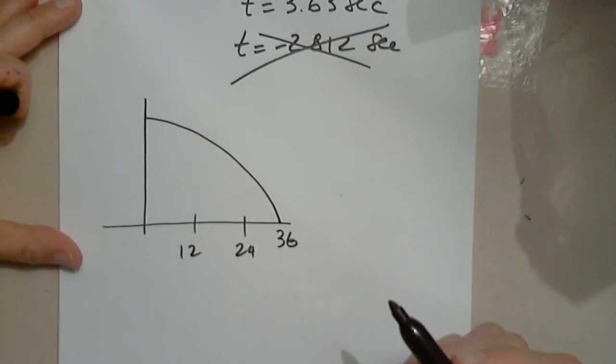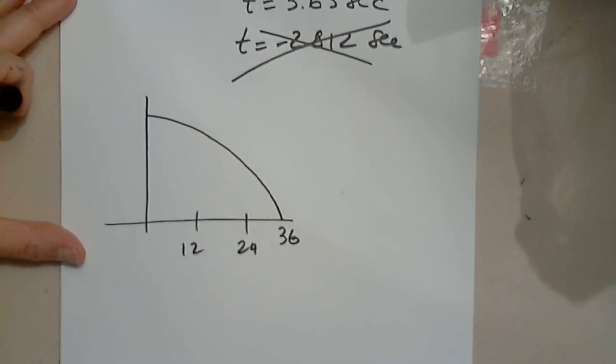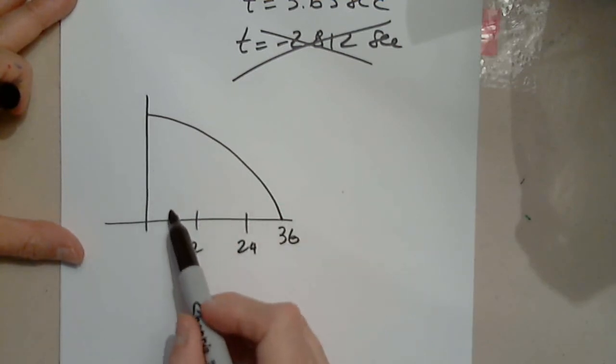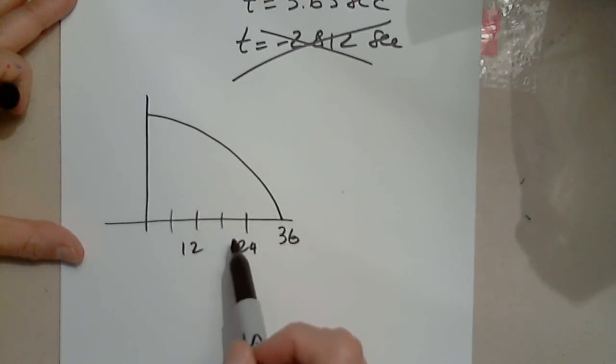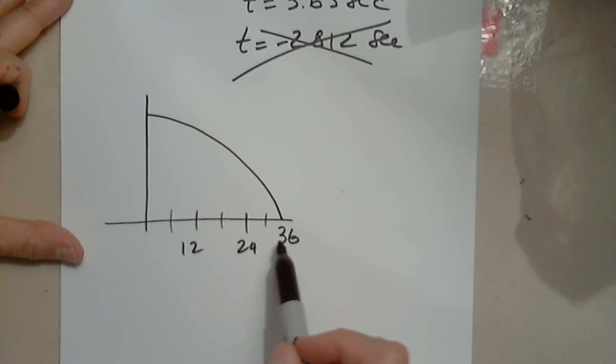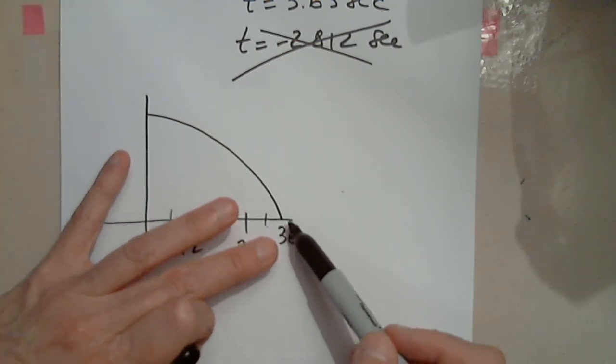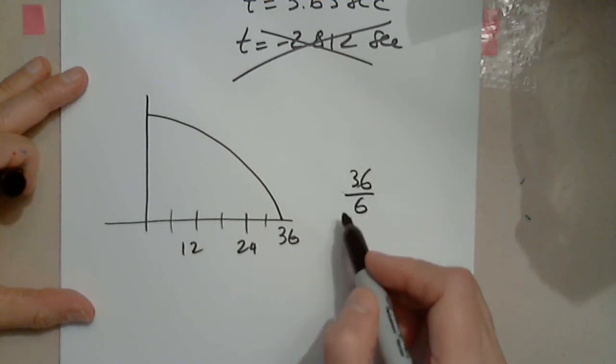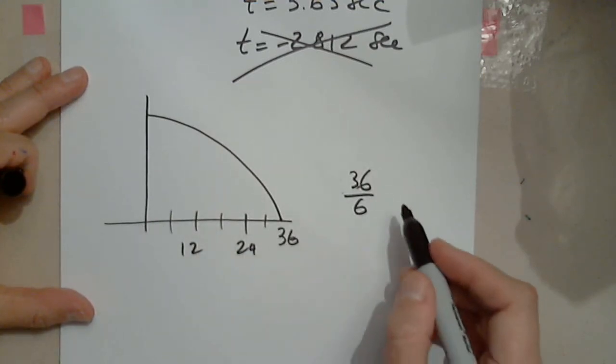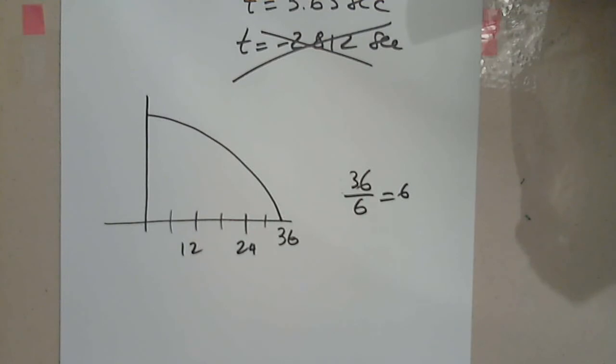That's what I have. And they say use 6 rectangles. Because 36 divided by 6, between 0 and 36, the width of each rectangle would be 6.